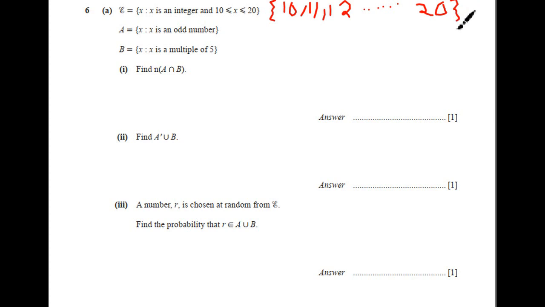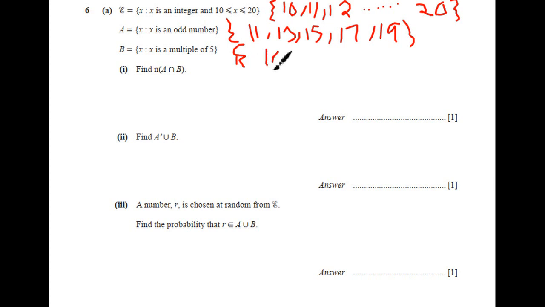A is equal to x such that x is an odd number, so this will have the numbers 11, 13, 15, 17 and 19. Odd numbers from the universal set. Bracket close. Then P is equal to x such that x is a multiple of 5. So look at the universal set again, curly brackets, then 10, comma 15, comma 20 and close the curly brackets.